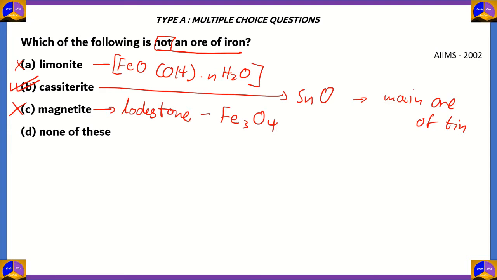So since option B is not an ore of iron, then option D, none of these, cannot be correct, so it is incorrect. So that's how you found out that cassiterite is the correct answer. We know magnetite. The only thing you need to learn is about limonite, and cassiterite is also an often talked about example when it comes to ores. So this comes from chapter 6, which is talking about metallurgy.